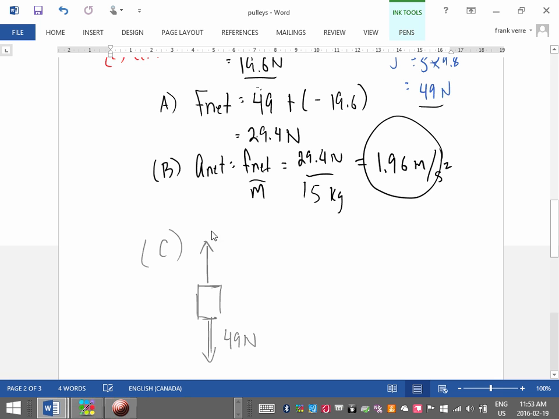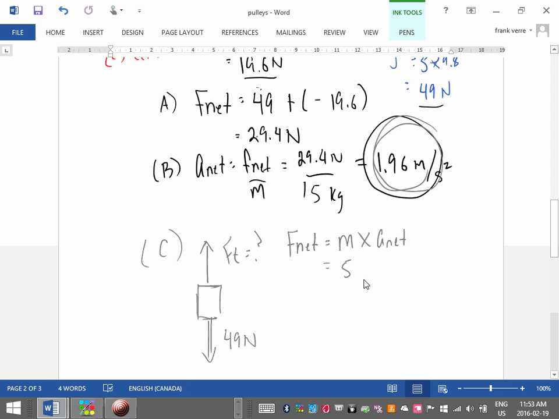There's tension on the block, which we don't know, but we know the net force on the block, because we know the block is accelerating which way? Up or down? We know it's accelerating downwards at a rate of 1.96 meters per second squared.